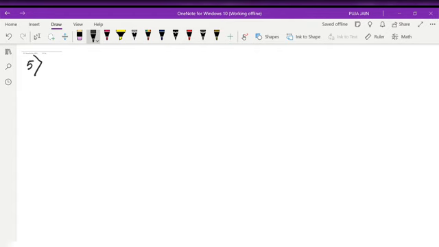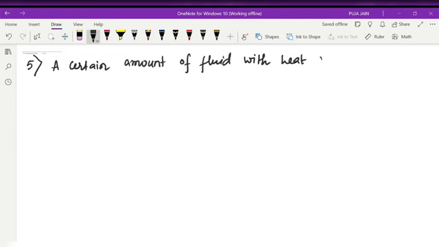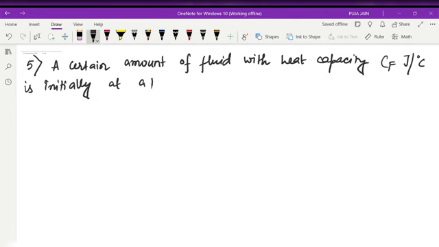Okay, so this question is again related to entropy. See what they have asked. A certain amount of fluid with heat capacity Cf joule per degree Celsius is initially at a temperature of 0 degree Celsius.